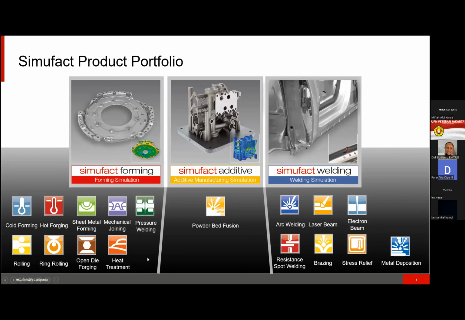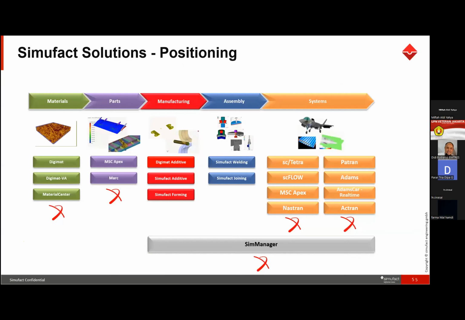And here we can also do the heat treatment analysis in SIMUFACT. Now, where do we see SIMUFACT? We can see SIMUFACT in the manufacturing process and in the assembly line. MSC as a company has a completely different set of products altogether.